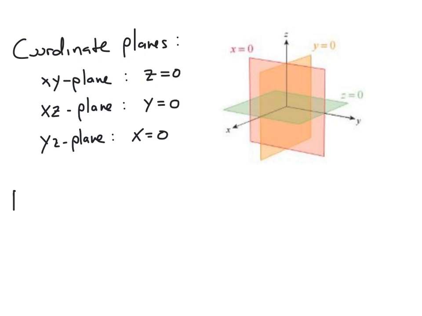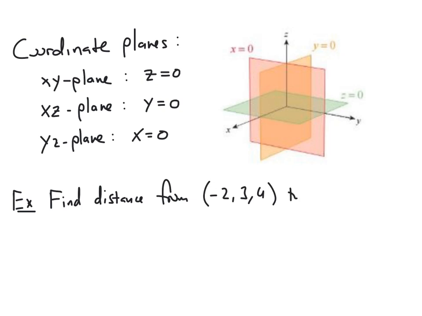Right, so one really simple example we can do just with these to make sure we understand how these planes work. Let's say we wanted to find the distance from the point (-2, 3, 4) to each of the coordinate planes. So we want to find three distances.